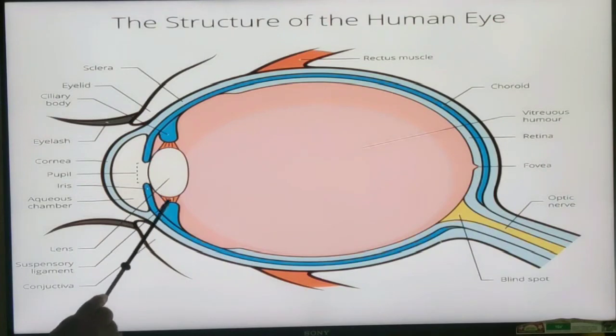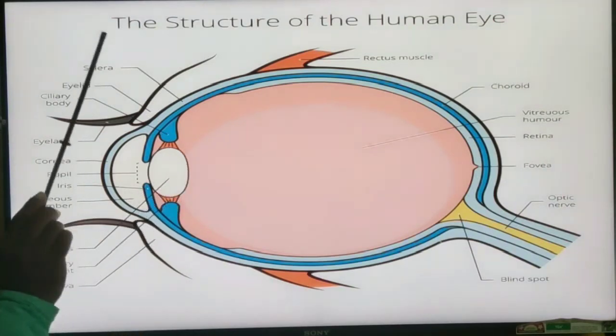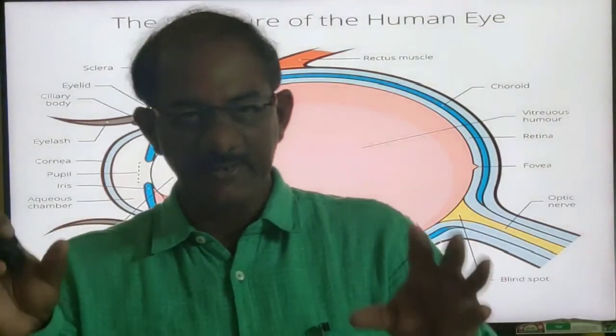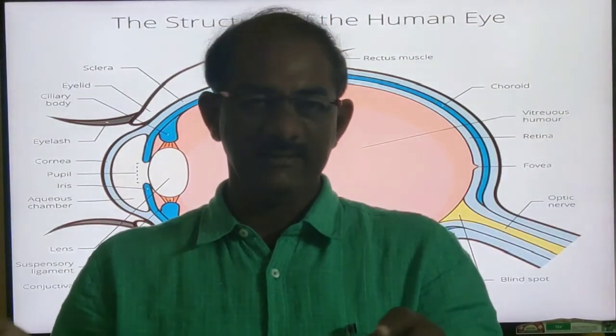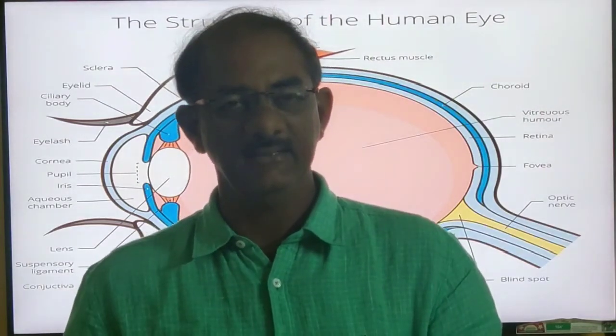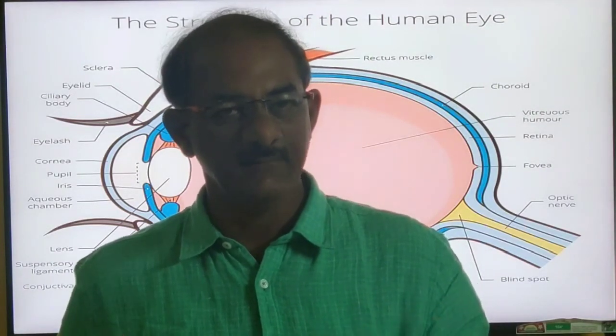Adjustment of the lens occurs according to focus, and focal length is maintained with the help of the ciliary body.